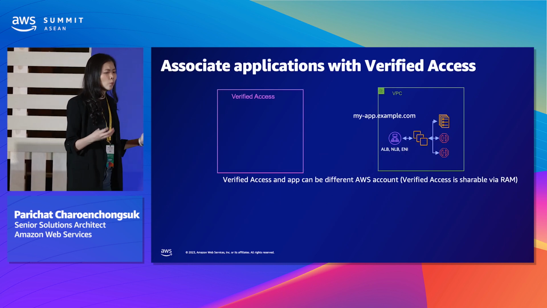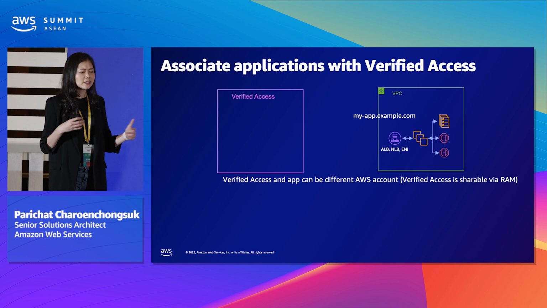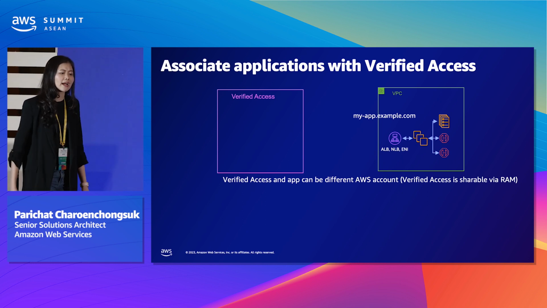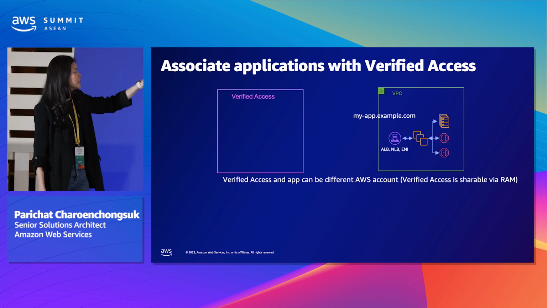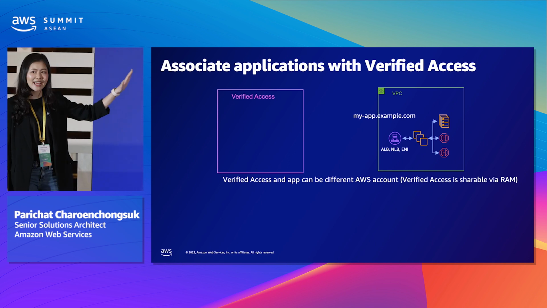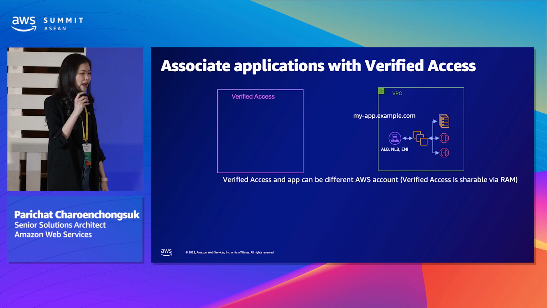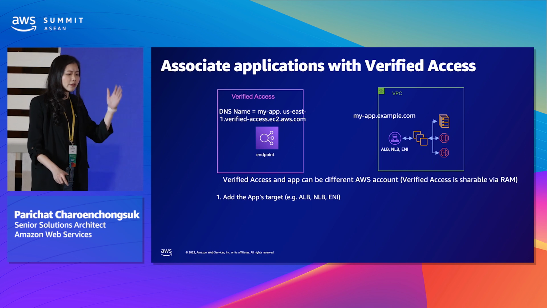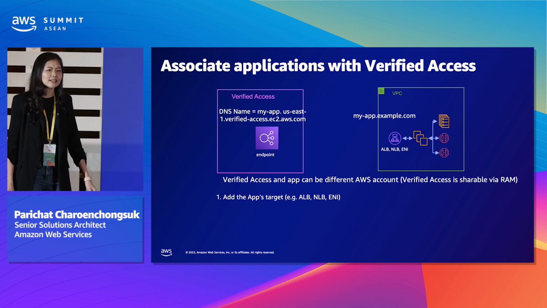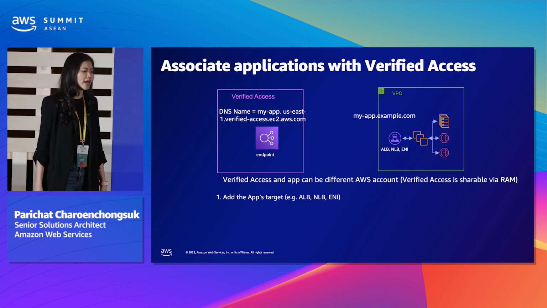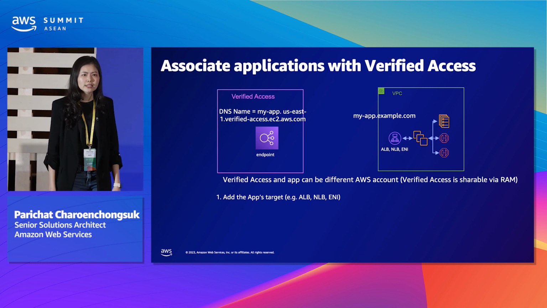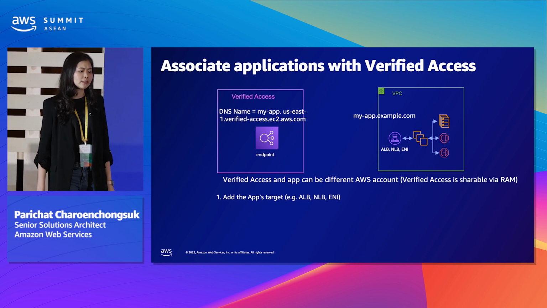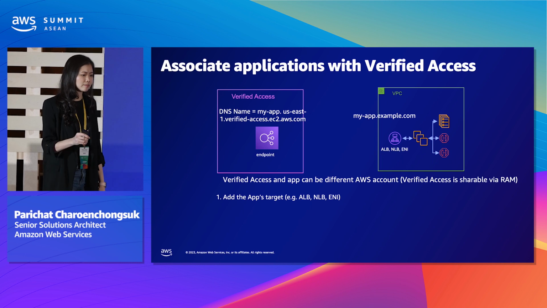Well, what happens when you associate your application with Verified Access? Let's say we have an application running in the VPC on the right-hand side. After you associate your application with Verified Access, we create a public endpoint where you can get a DNS name and IP address.